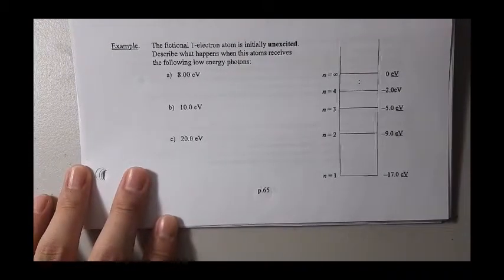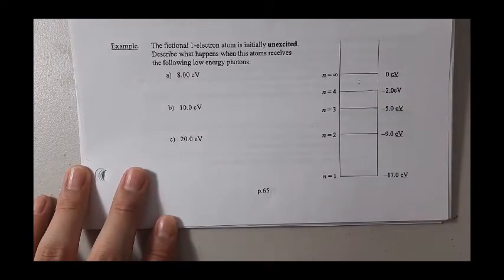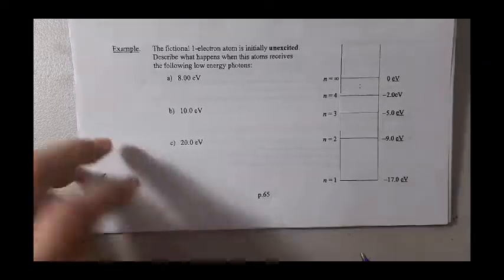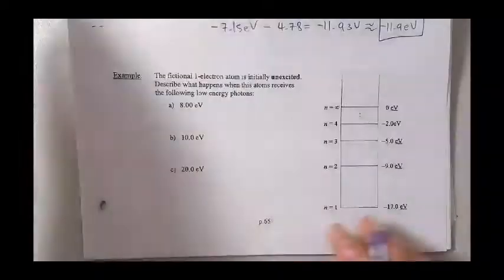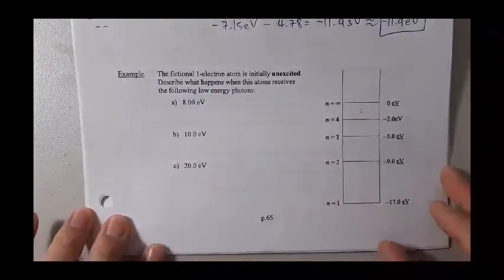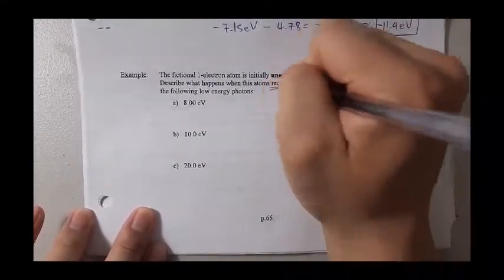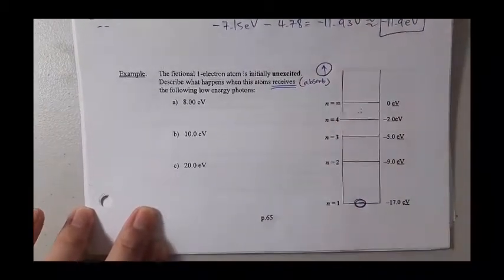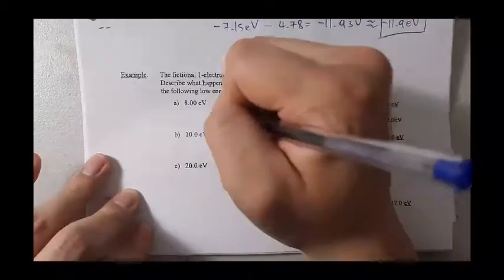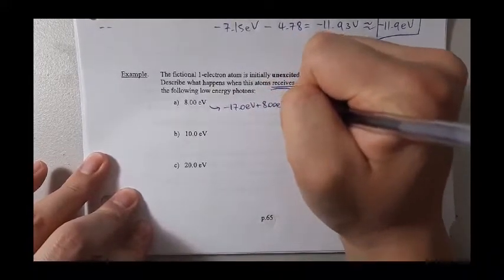Let's do a more diploma-like question. You are trying to find out what happens to an electron that is initially unexcited if you give this atom the following energy. So the electron is originally here. It says receive, so that means absorb. So you're going to go up from the lower level. Negative 17.0 electronvolts plus 8.00 electronvolts.